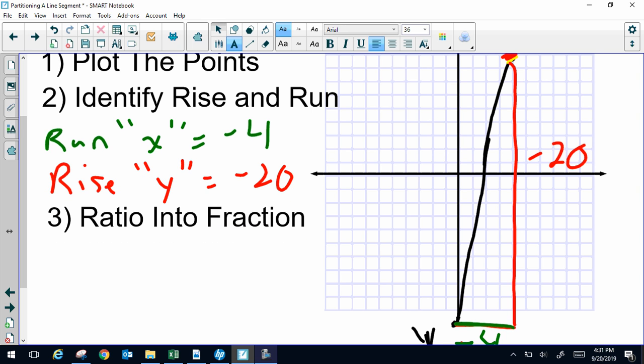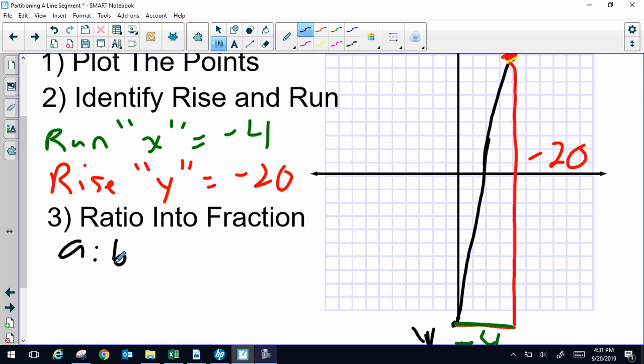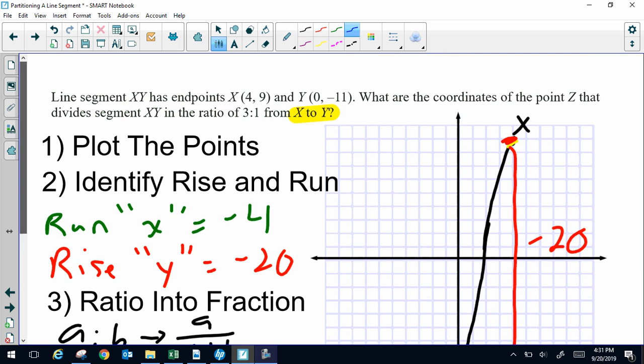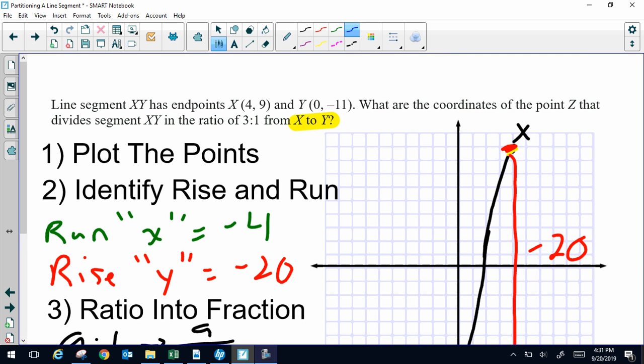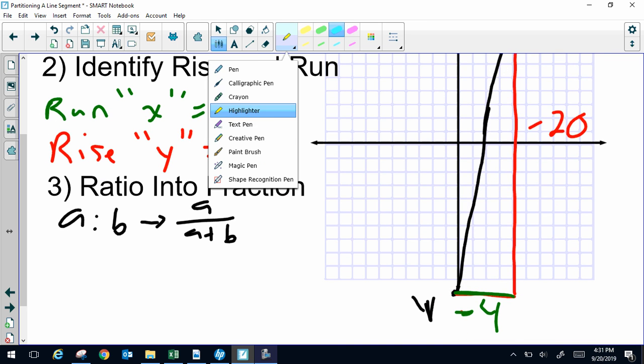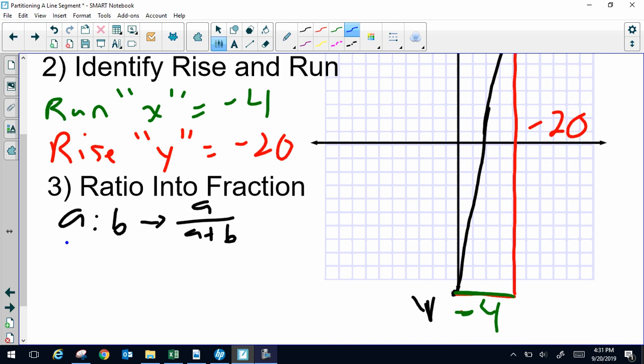Again, a to b converts to a over a plus b. Our ratio from up above, they tell me it goes into a 3-to-1 ratio. So 3-to-1 gives me 3 over 3 plus 1, which gives me a fraction of 3 over 4.